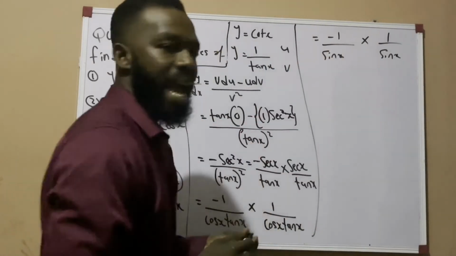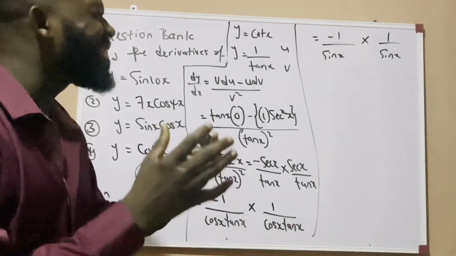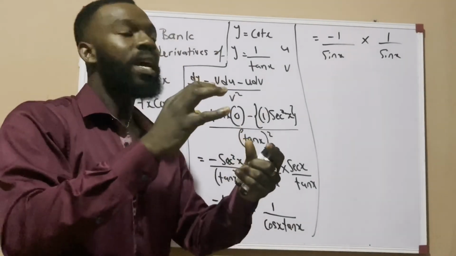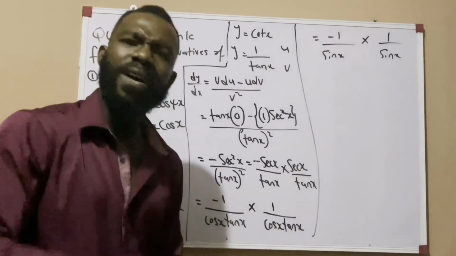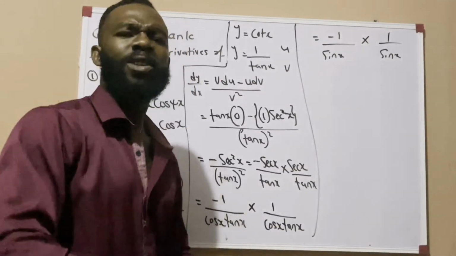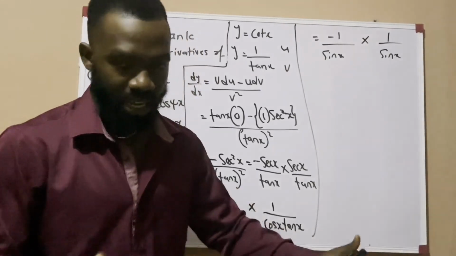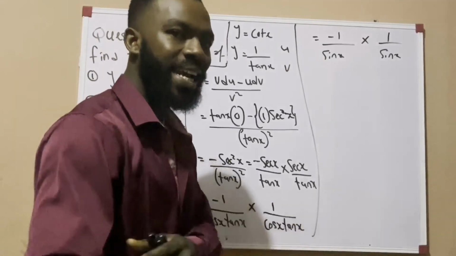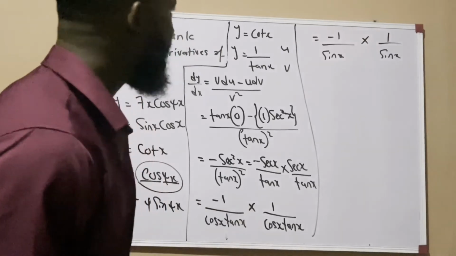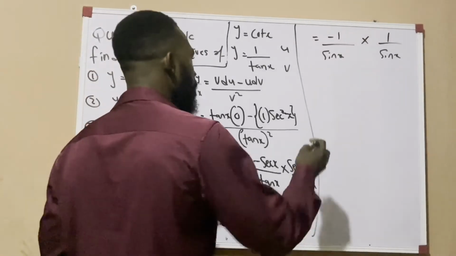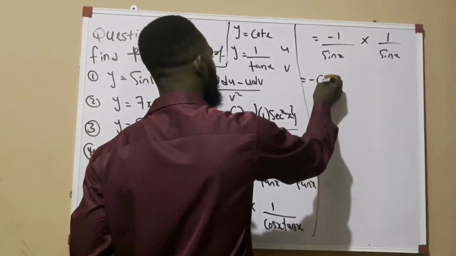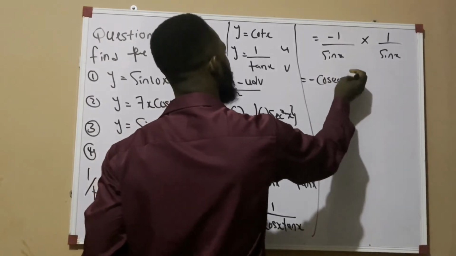Are we there? And we said that 1 over sine is the inverse of sine. And the inverse of sine has a name. What is the name? Cosec. The full name is cosecant. So anywhere I see minus 1 over sine x, I will say minus cosec x.